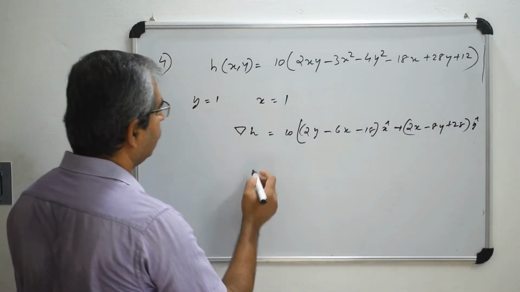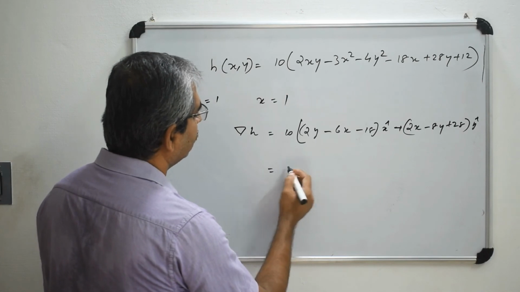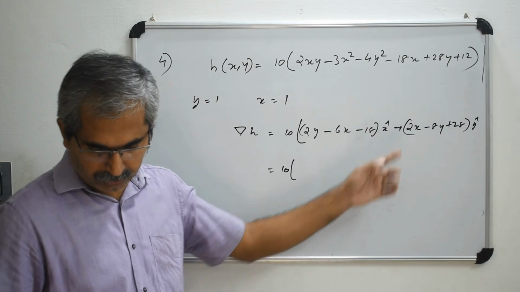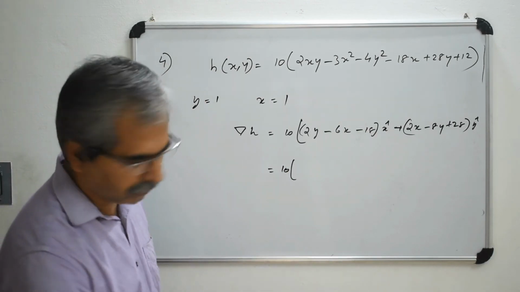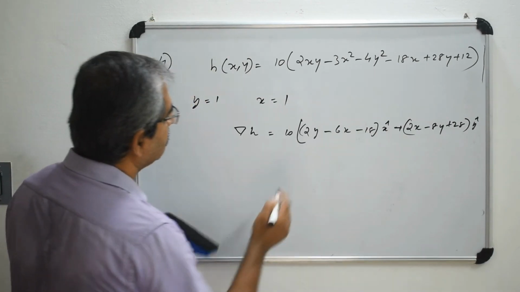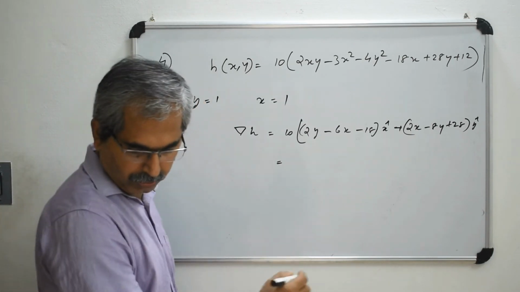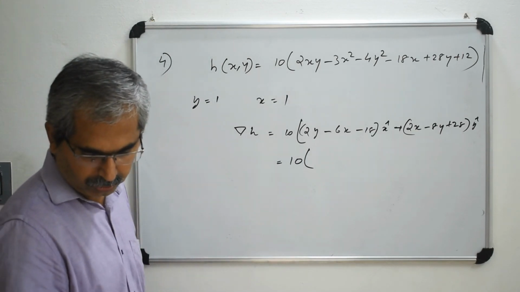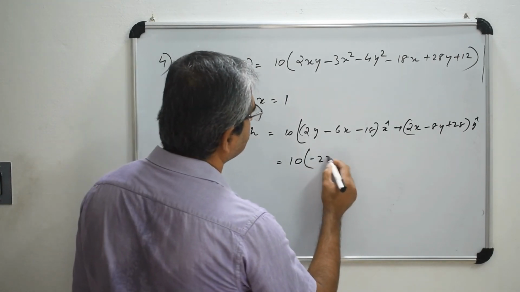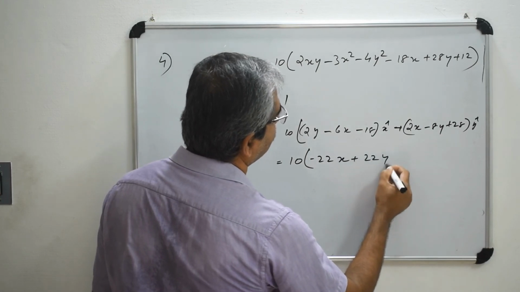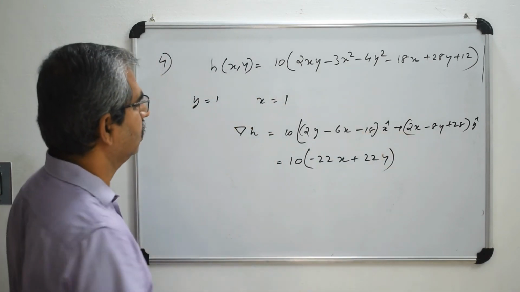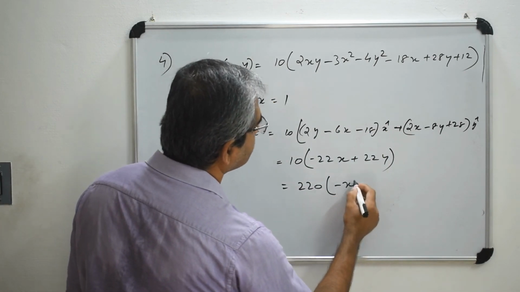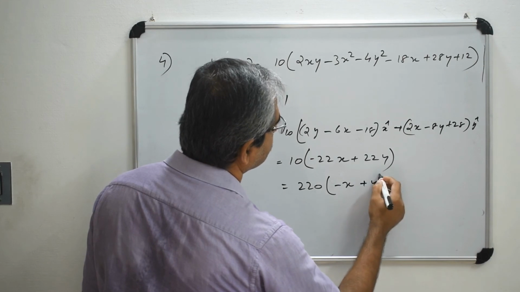Now put x is equal to 1 and y is equal to 1. And you will get the value, that is 10 into, you can put the values there, and I am writing the answer only. So this is equal to 10 into minus 22x plus 22y. Put the values there, you will get this equation. Or that is equal to 220 into minus x plus y.